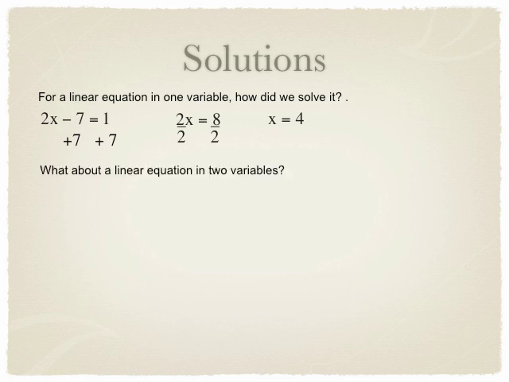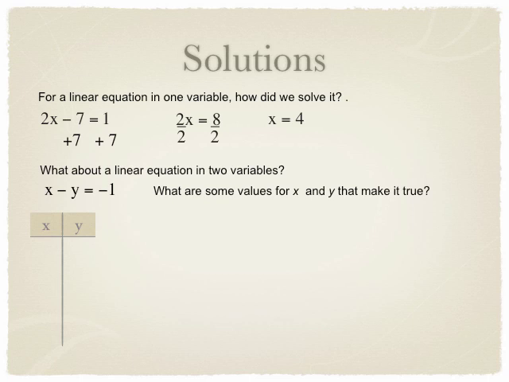Now, for a linear equation in two variables, the solution's a little bit different. Let's look at x minus y is equal to negative 1. And rather than solving this by going through steps to solve it, I just want you to think for a minute. Think of some values for x and y that would make this true. Okay, we'll just list all of the things we can think of.